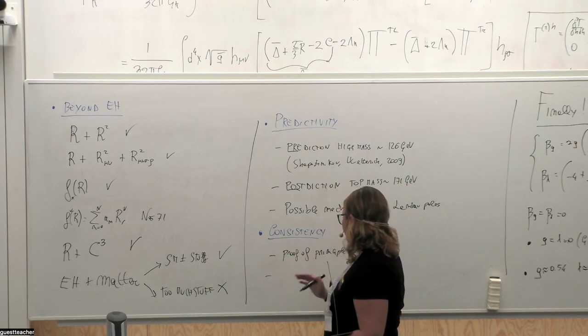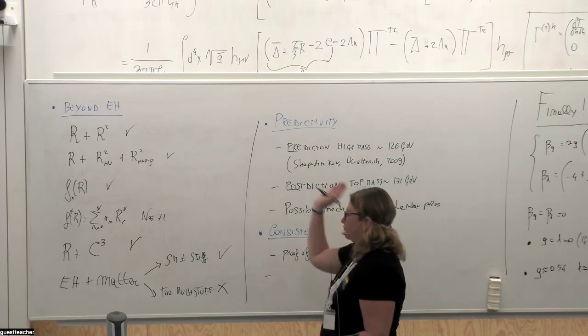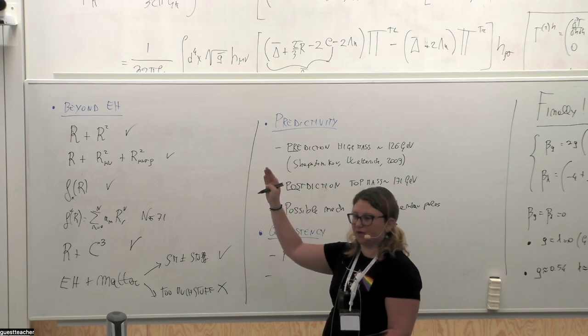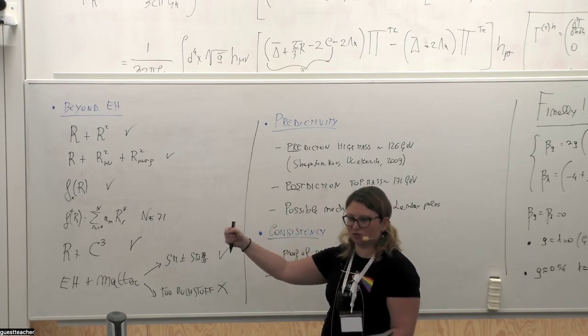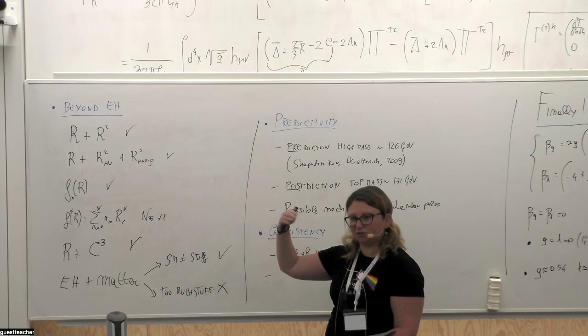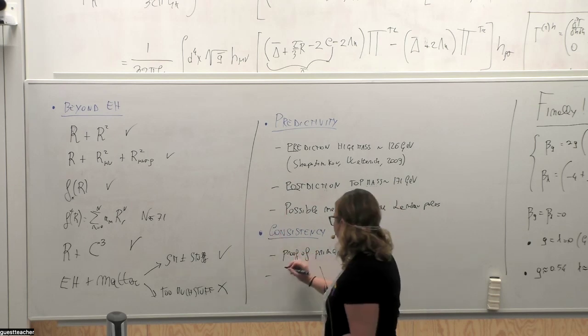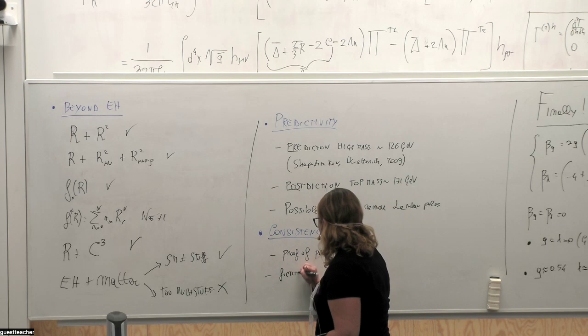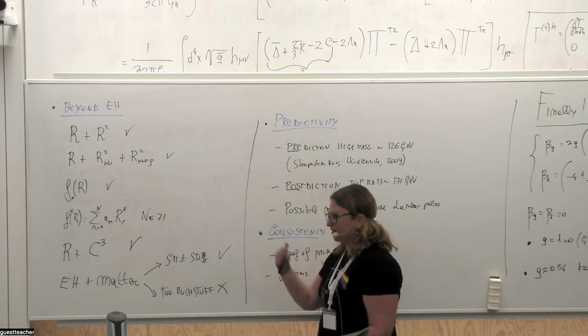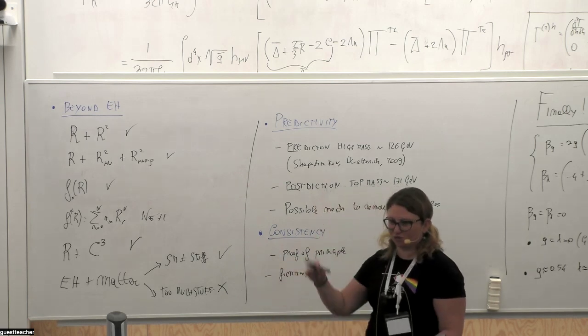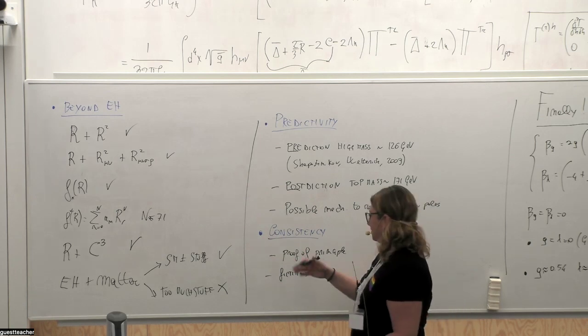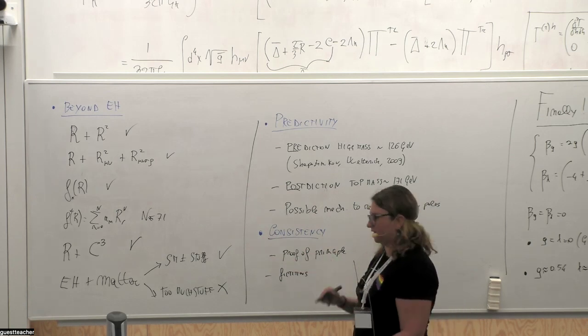There are arguments that if one truncates the action, there can be fictitious ghosts, but as one increases the truncation order, they decouple. So one should not just worry right away. One should try to compute amplitudes with a decent truncation order and see.